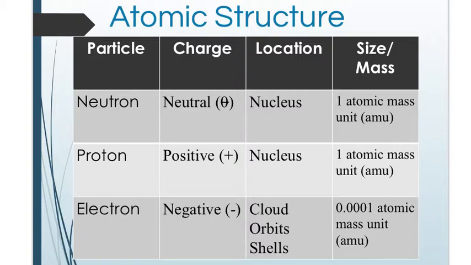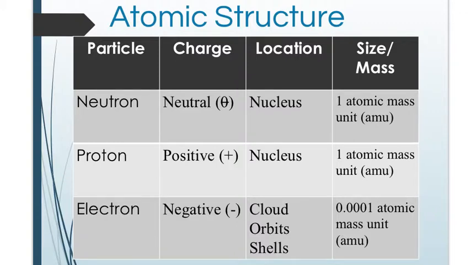Taking a look really quick at these particles, the neutron is going to be neutral. It's found in the nucleus, and it's about 1 atomic mass unit, which is extremely small, but compared to an electron is quite sizable. The proton has a positive charge. It's also found in the nucleus, and also about the same size as a neutron.